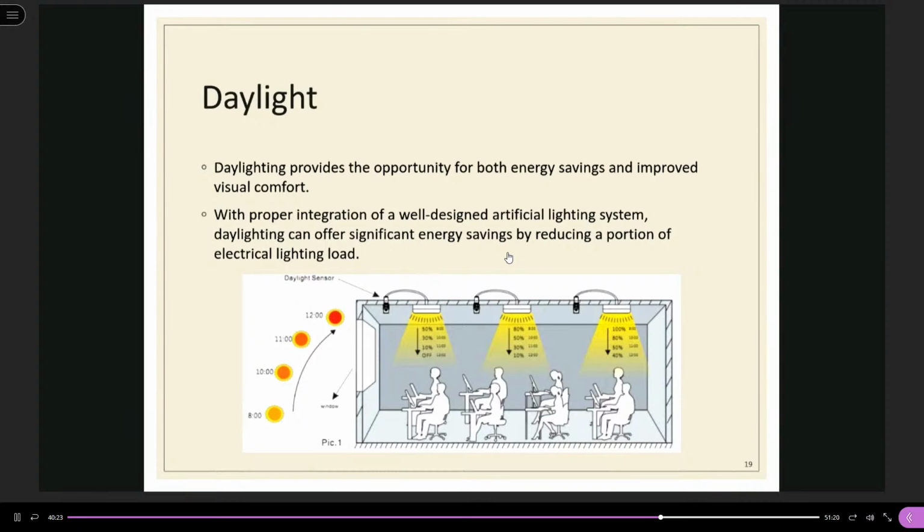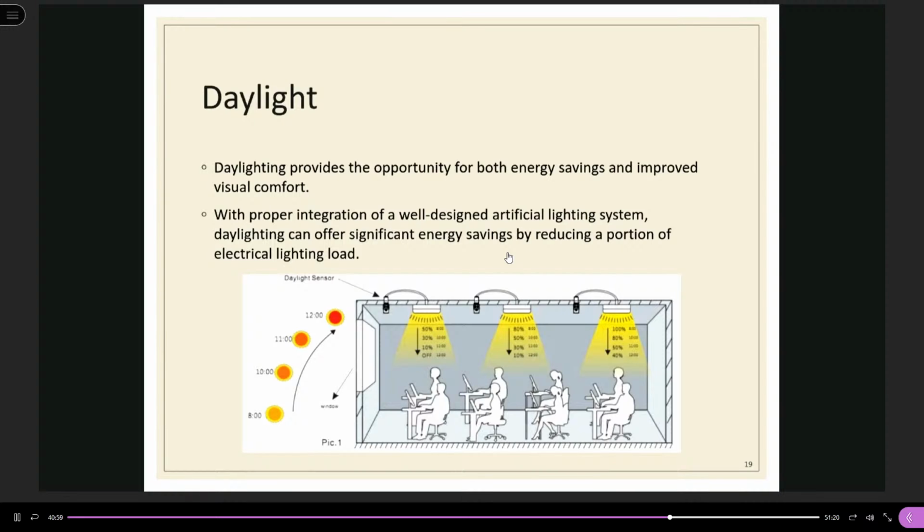Daylight is the best light source. It is a full spectrum light source. Full spectrum means daylight consists of all wavelengths, and we humans are designed to live under daylight, not the fluorescent or the LED. So under daylight, we are most healthy. We should not stay indoors all the time. We should be exposed to the sunlight, to the daylight. And daylight is flicker-free.